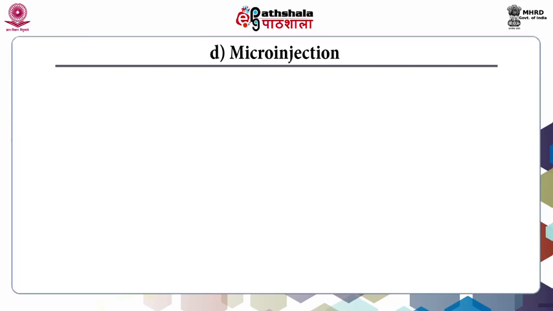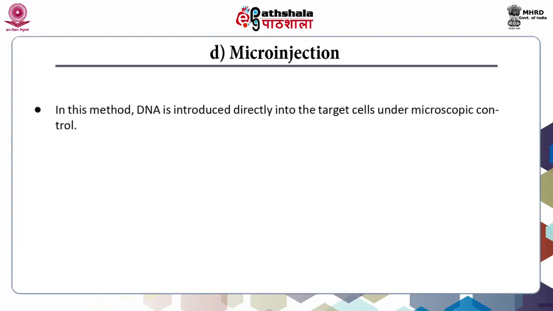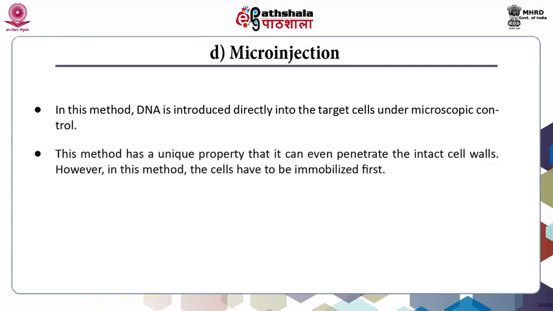The next method is micro injection. This is also a simple method. In this method, DNA is introduced directly into the target cells under microscopic control. This method has a very unique property that it can even penetrate the intact cell walls.